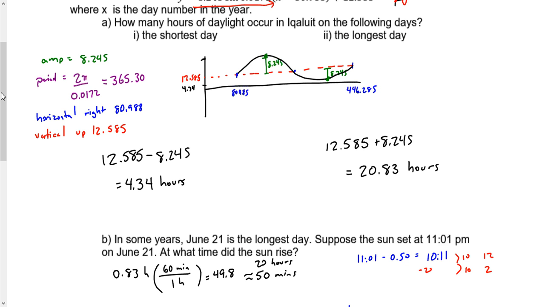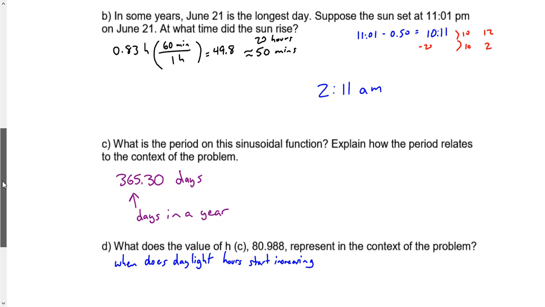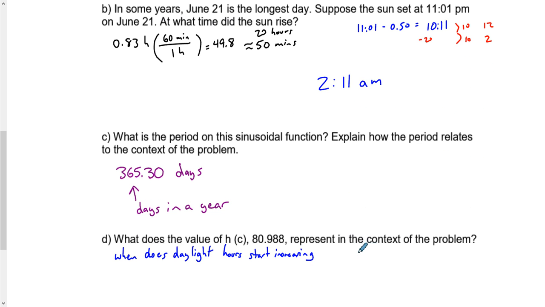But what is this day? Well, let's see. Daylight hours, let's see, January has 31 days, February has 28, so we're already at 59 days. This is about 81, so 81 subtracting 59 puts us at 22.